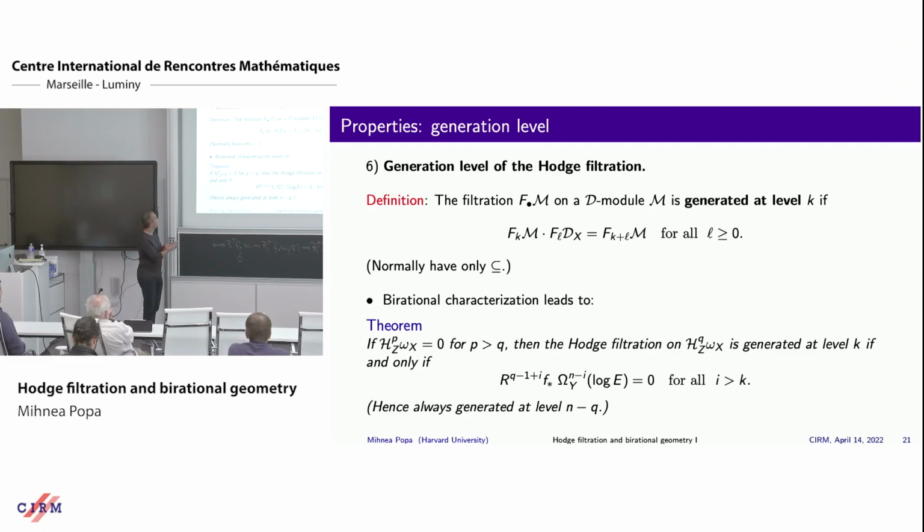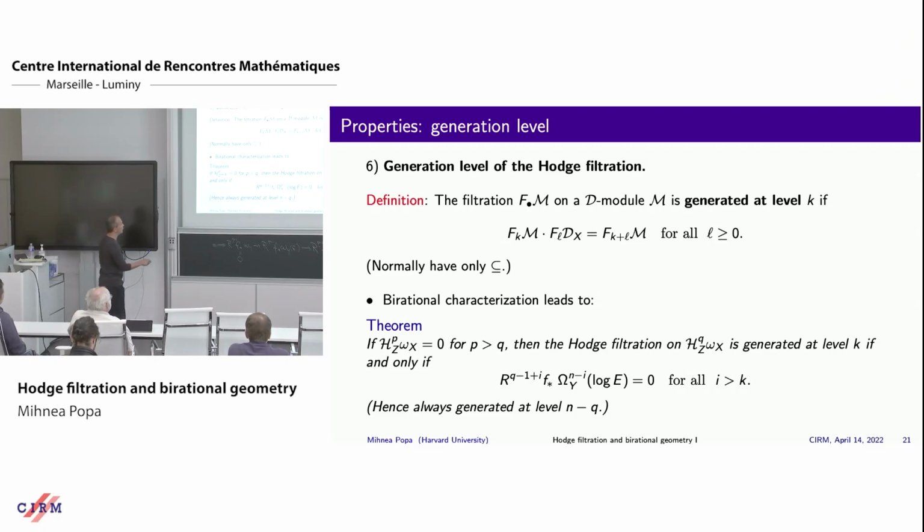Okay, so let's assume that all local cohomology is 0 beyond a certain level. Then at that level, in that degree, the Hodge filtration is generated at level k if you have a whole bunch of local vanishing statements, higher direct images of various holomorphic forms with log poles coming from the resolution of singularities.